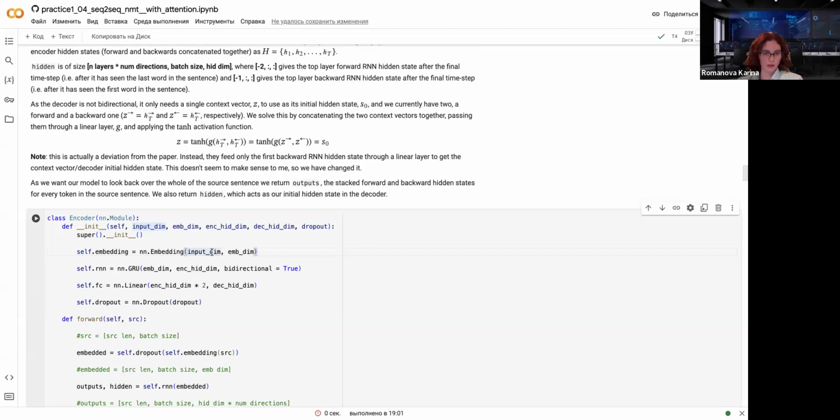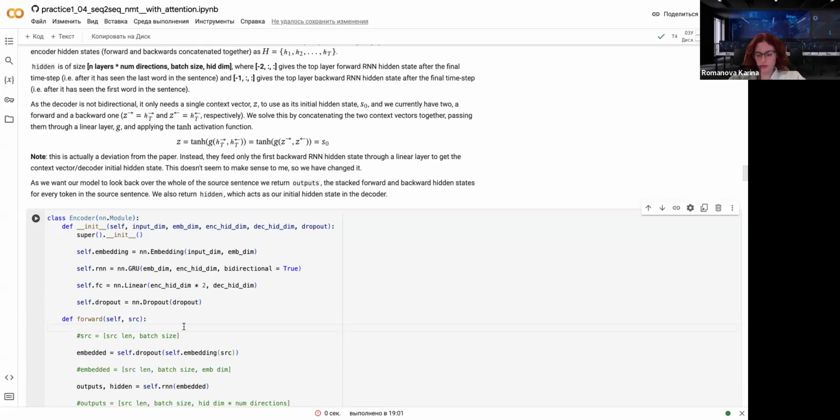Also, we have here a GRU. Okay, did you meet this layer previously? Do you know what's the difference between GRU and LSTM?